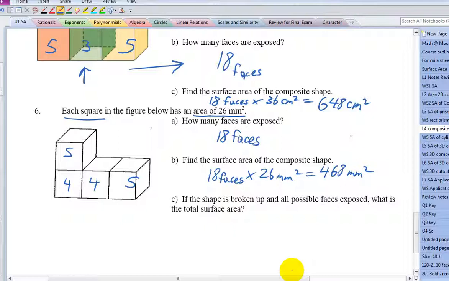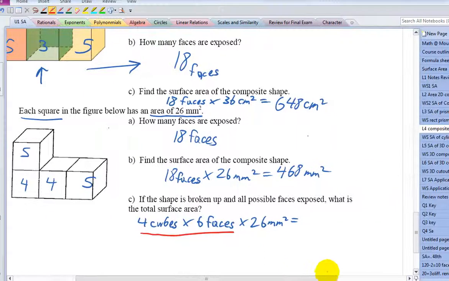All right, so C is a little bit different now as well. Say we take this shape up, hit it with a sledgehammer, it falls apart into all these individual cubes. How many exposed faces would there be? Well, we have 4 cubes times 6 faces each times 26 millimeters squared for each face. So the first multiplication tells us how many faces there are.